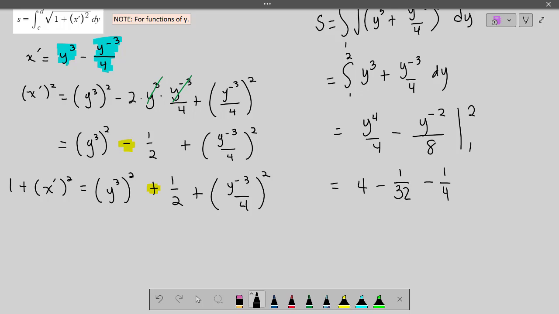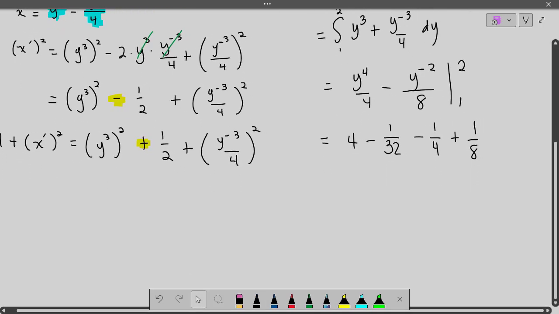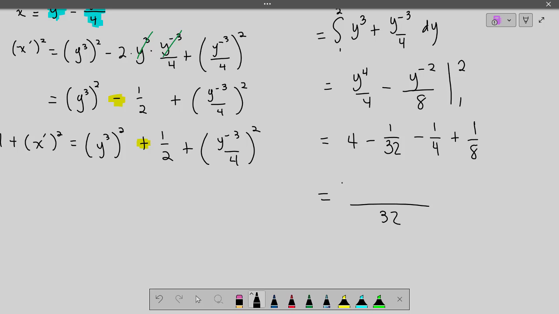And then we subtract off the antiderivative evaluated at 1. So we subtract off this with the 1 plugged in, so it'll be a minus there and a plus here. 32 is the common denominator. This one needs to be multiplied by 32, and we get 128.